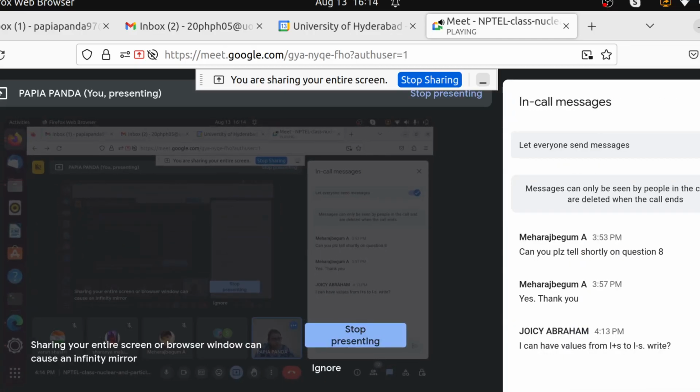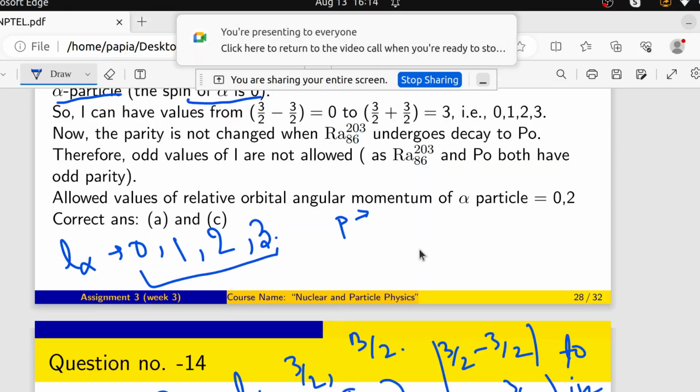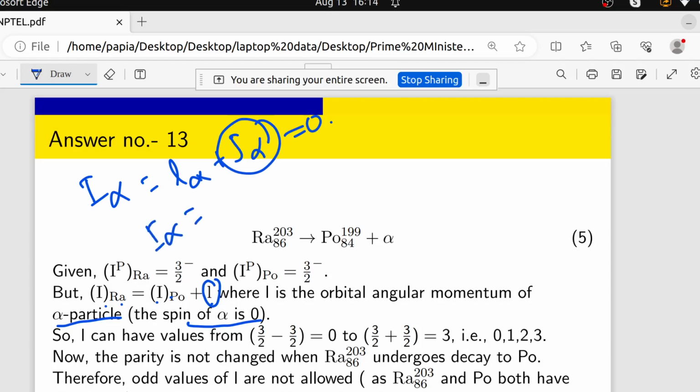Can I have the values from L plus S to L minus S? See, as alpha particle has S equals 0, so I of alpha is L of alpha plus S of alpha. S of alpha is 0 for alpha particle. That's why we are writing I of alpha is L of alpha only, and we are just replacing I of alpha by L of alpha here.